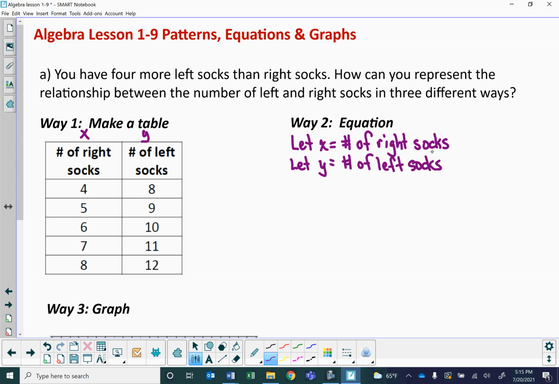And I know that no matter how many right socks I have, I always have 4 more left socks. It's always 4 greater than the number of right socks. So left socks is always 4 greater than the right socks.